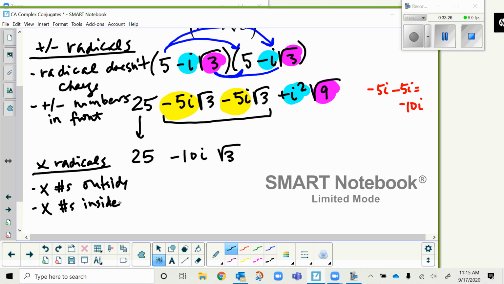So remember that i squared is replaced with negative 1. Square root of 9 simplifies to 3. What math is happening between that negative 1 and that 3? Are they being added, subtracted, or multiplied?